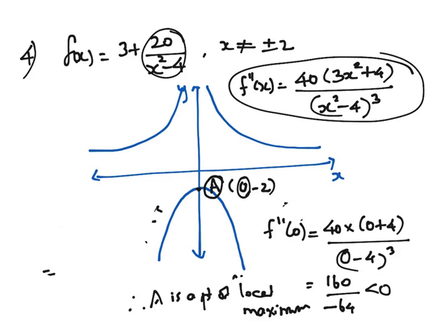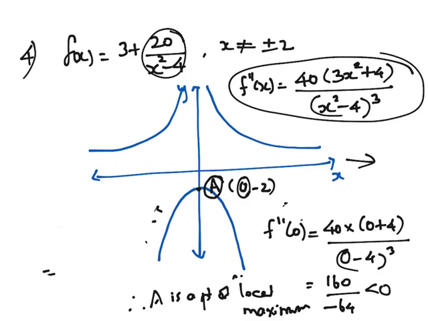Now the next question is, you have to explain why the graph of f does not have a point of inflection. Why will it not have a point of inflection? Again, let us recall. For a point of inflection, whether it is a stationary or a non-stationary point of inflection, the second derivative has to be 0. So that is a necessary condition. The second derivative should always be 0.